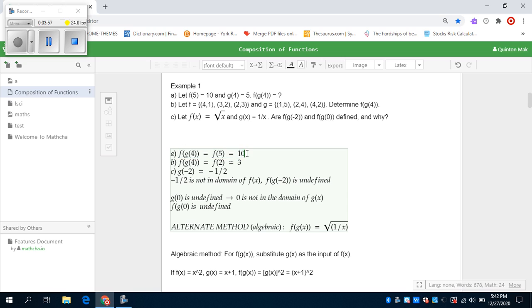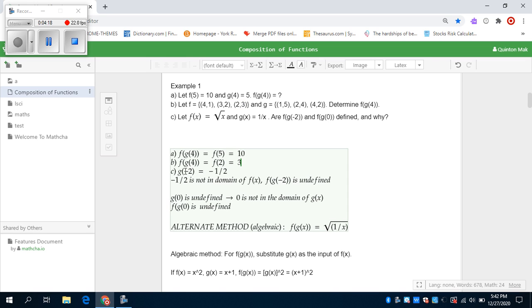The second question, f of g of 4, we're asked for again. G of 4, if we look here, is 2. So we are trying to find f of 2. And if we look over here, the answer is 3.